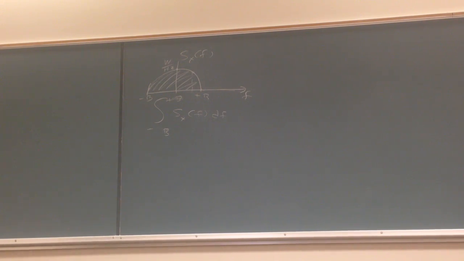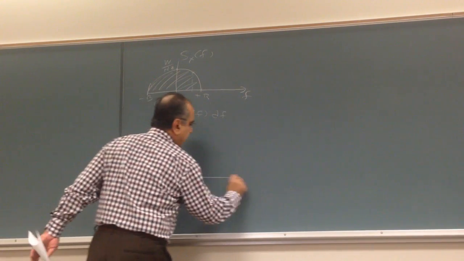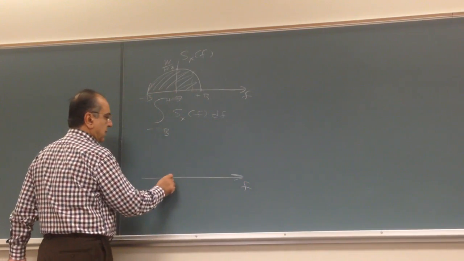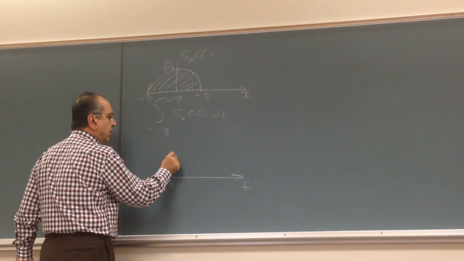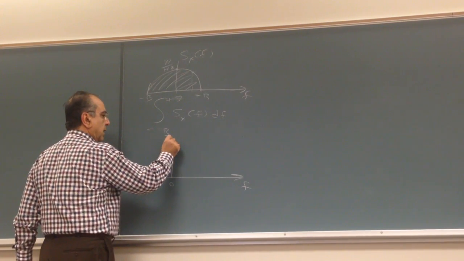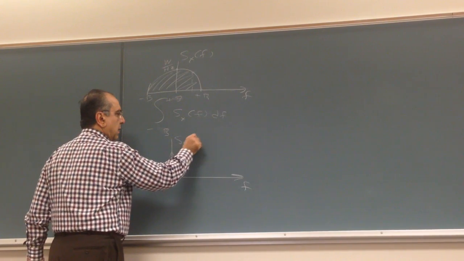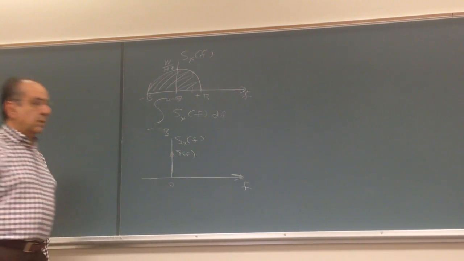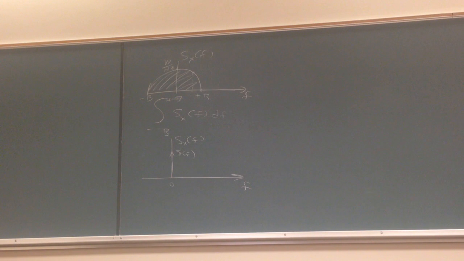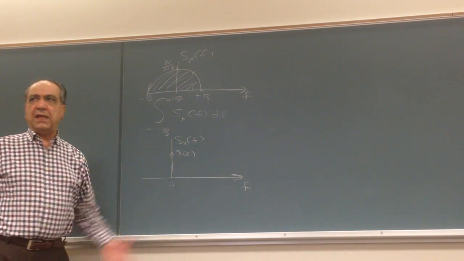Now, let me ask you this. If you have a signal whose power spectral density is like this, what does it tell you? My signal X has a power spectral density which is just a delta function at frequency 0.